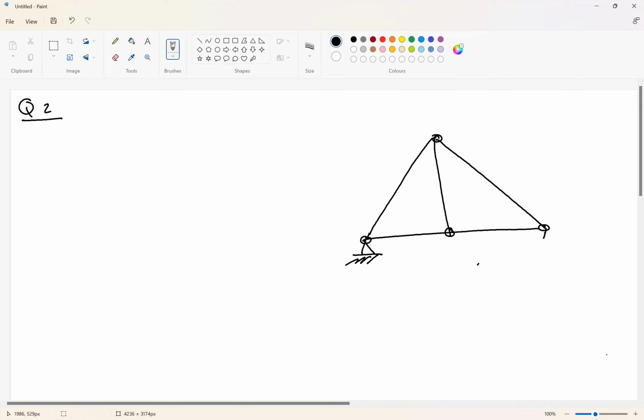This support is a hinge, this support is a roller support. The numbering is: this is node 1, this is node 4, this is node 2, this is node 3, this is member 1, member 2, member 3, member 4, this is member 5.